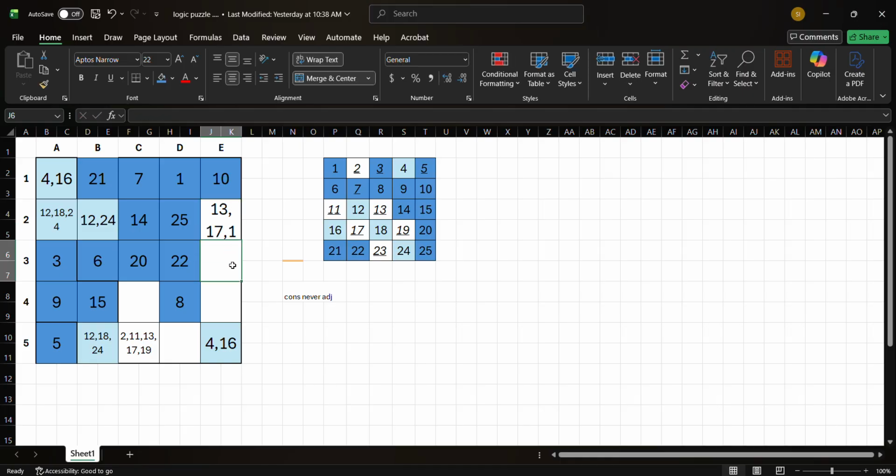Oh, just want to be able to see it all. Right. Let's make that a bit smaller. There we go. Right, same here. So 2 can be there because the 1's all the way up there now. 11 works. 13 seems to work. 17 seems to work. 19 works. But 23 doesn't.